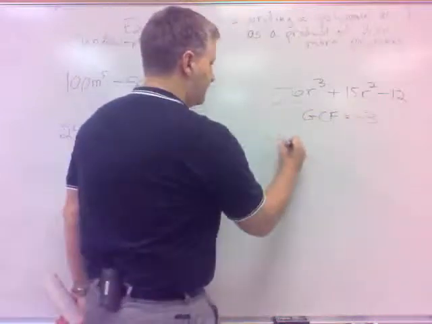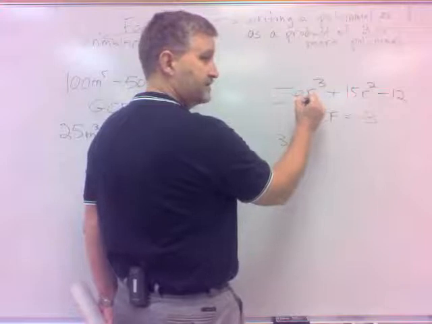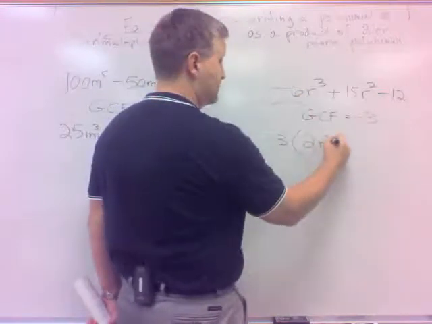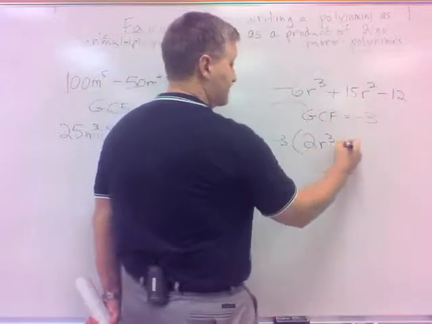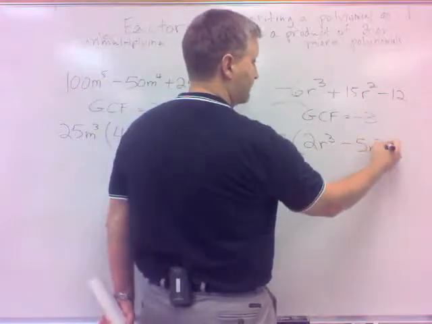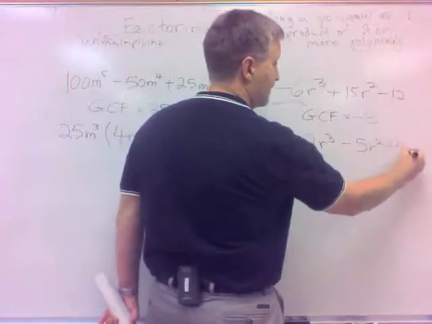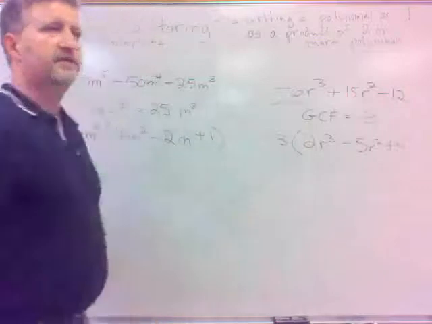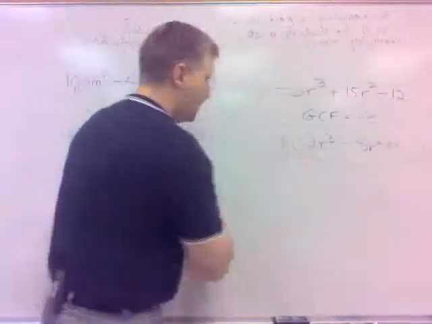So if I do a negative 3 GCF, of course I'm dividing now by negative 3, so that makes it a what? Positive 2, and the r cubed stays the same. Now divide that by negative 3. Makes it a negative 5r squared, and the negative 12 divided by negative 3 makes it a positive 4. So all these signs basically get changed because I took out that negative there. Okay? All right.